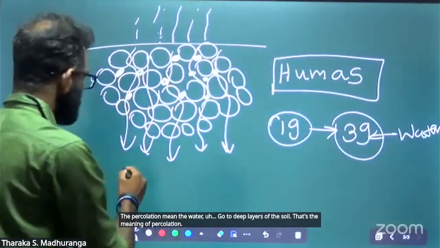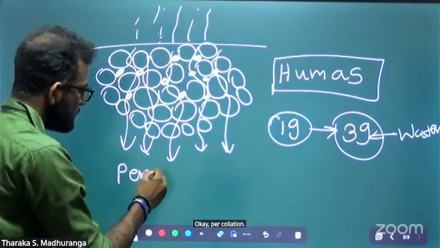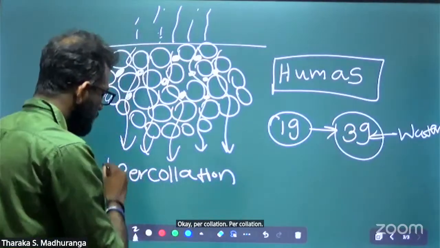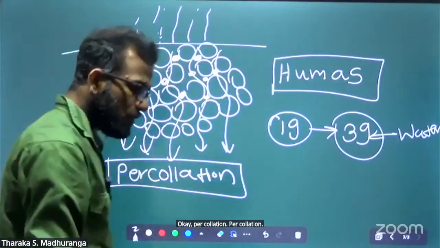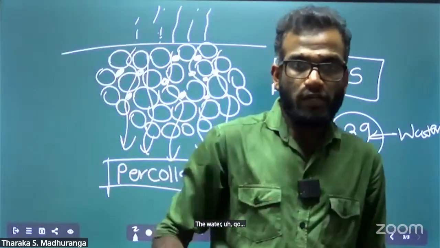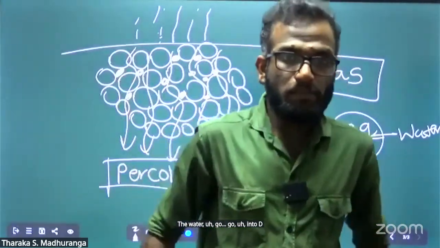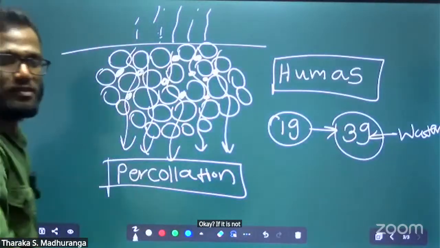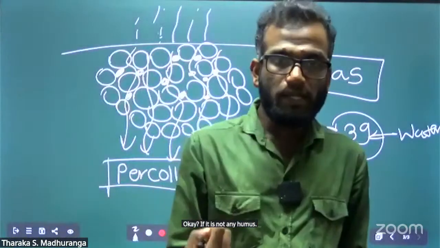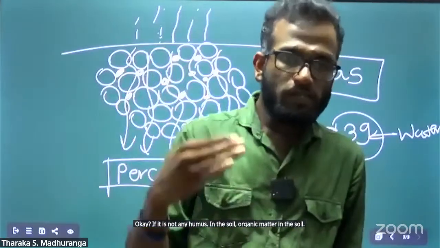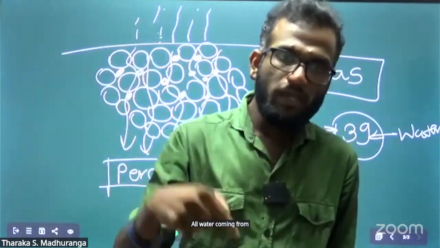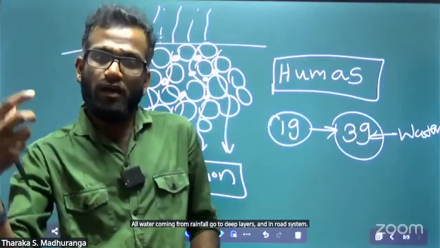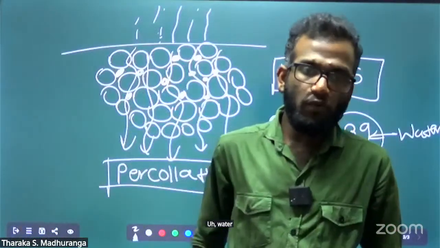If there is no humus or organic matter in the soil, all the water coming from rainfall goes to deep layers, and in the root system there is no water.